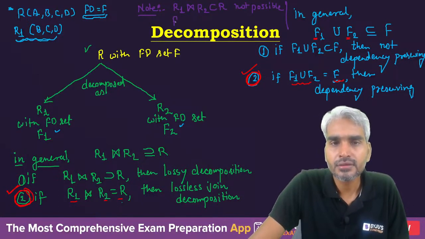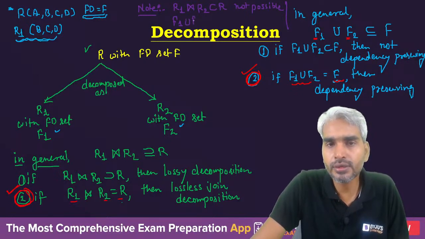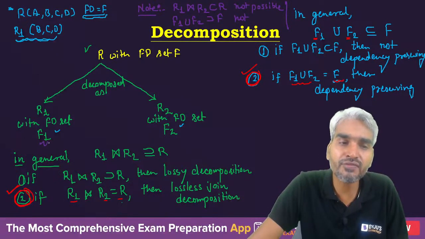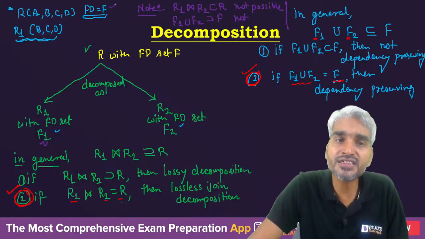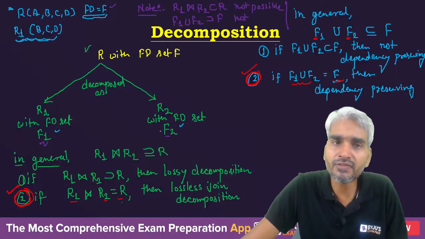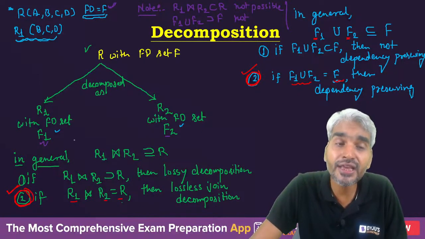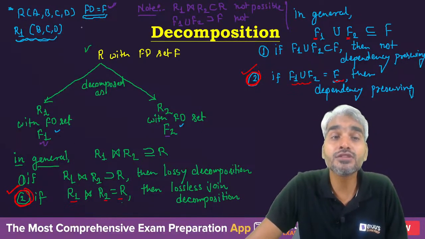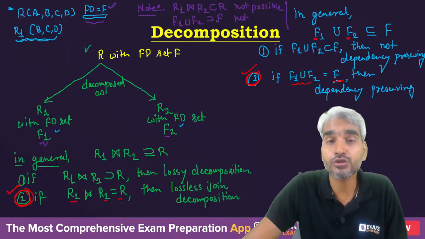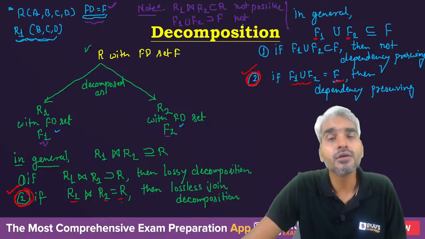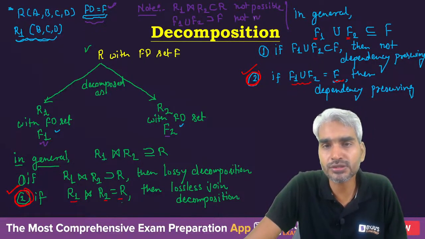Similarly, F1 union F2 being a superset of the FD set F is not possible. Why? Because the FDs of F1 are derived from this FD set F, and the FDs of F2 are also derived from FD set F. So we cannot have any FD in the union of these two FD sets which is not present in the original FD set F. Therefore, F1 union F2 can never be a proper superset of F.